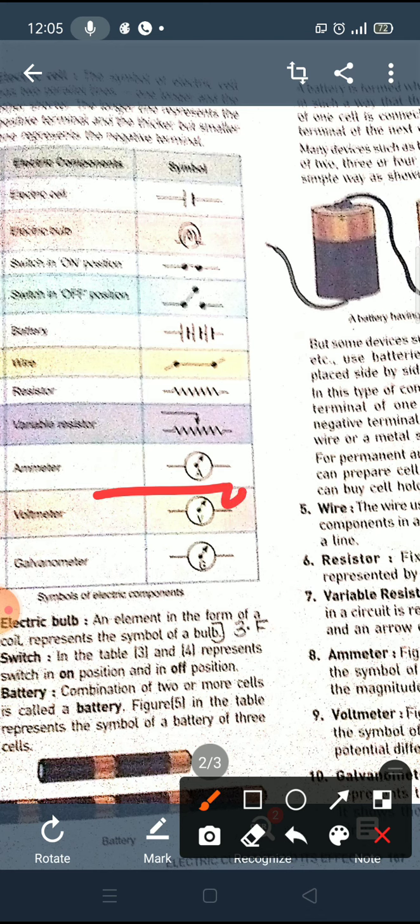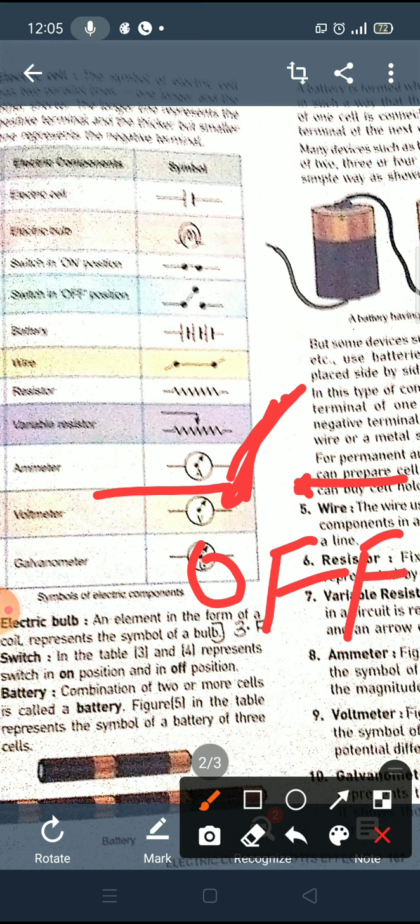So if this point is open and not attaching to the wire, the circuit is not completed, and electricity will not flow. Okay, this is the off position, because here electricity is breaking as this path is not completing, that's why this is the off position.